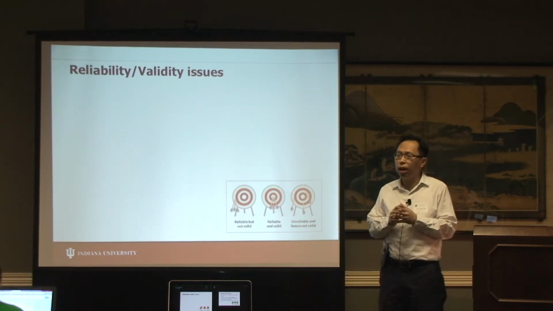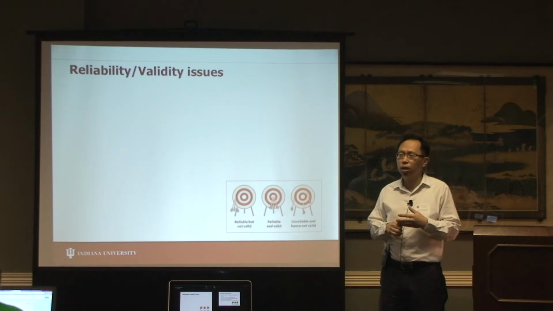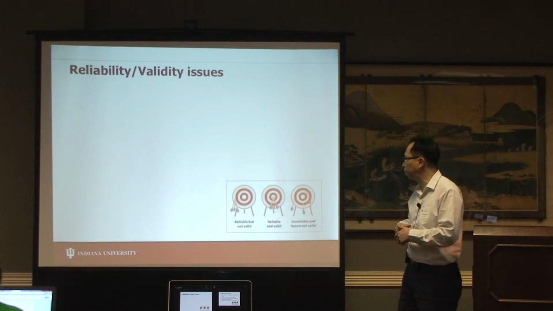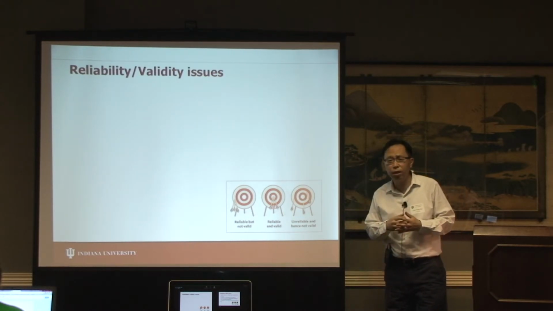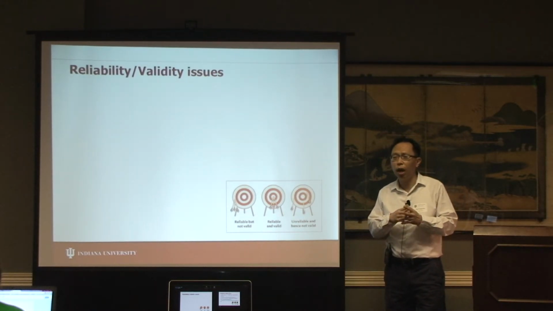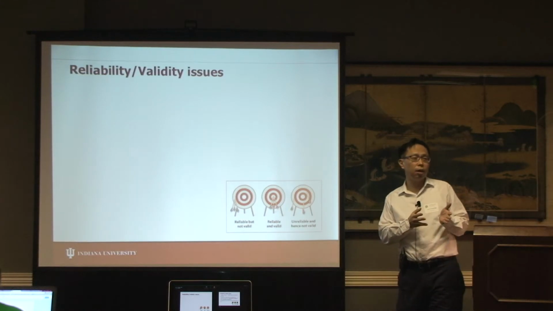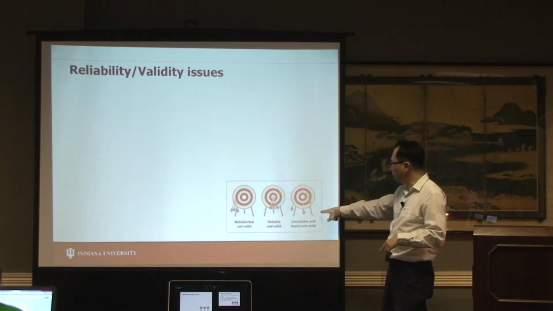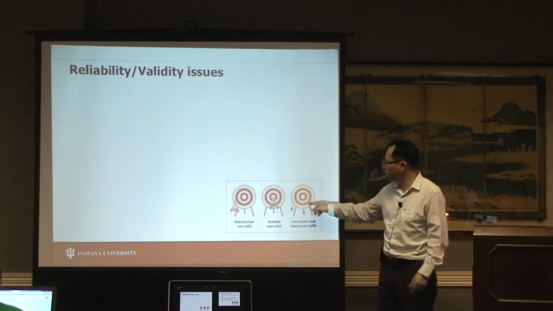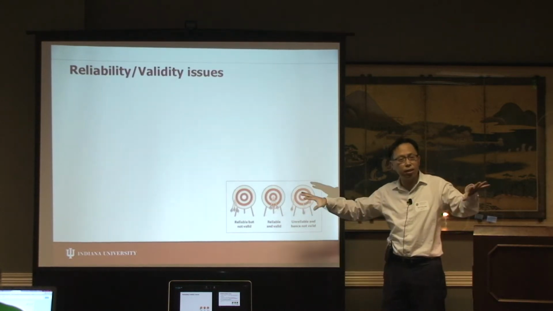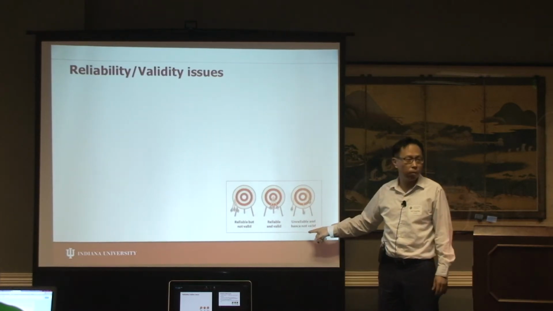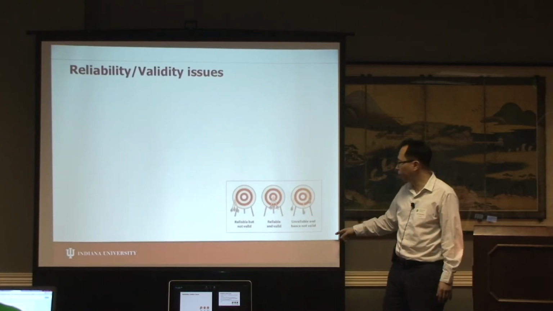Students should get consistent scores whether they take the test on day 1, day 2, or day 3. Whereas validity is about whether our judgment is well targeted and appropriate. So look at this one. This is all over the place. It's not consistent, it's all off target. So it's not reliable, not valid, right?